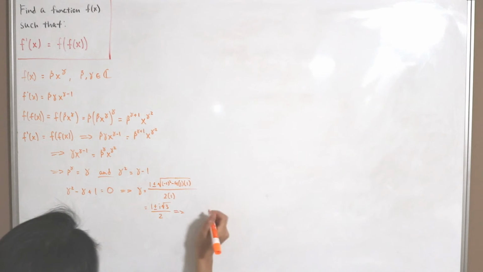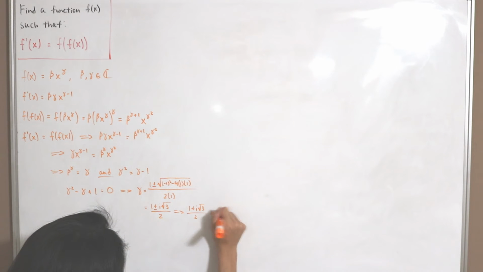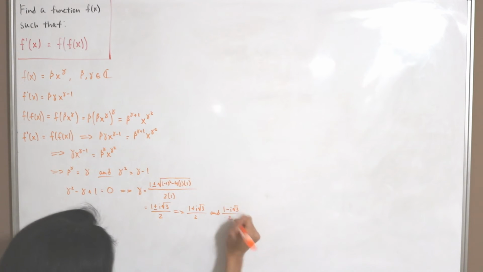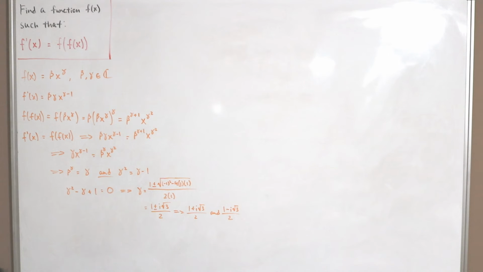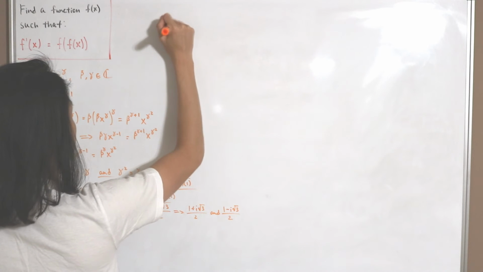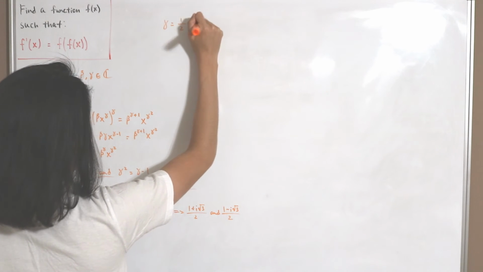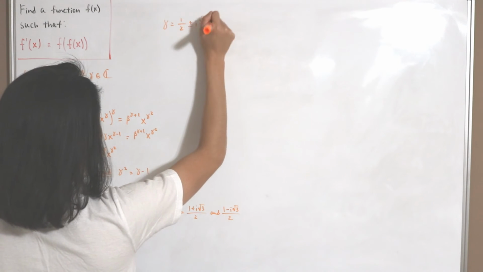So really we have that gamma is equal to 1 plus i square root of 3 divided by 2, and 1 minus i times square root of 3 divided by 2. I could just write it as plus or minus, but we'll get to that later. So now we have that gamma is equal to 1/2 plus or minus i times the square root of 3 divided by 2.